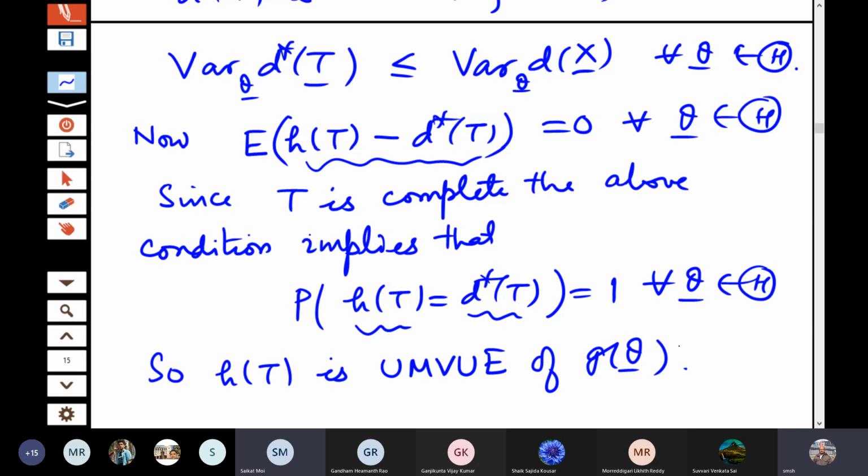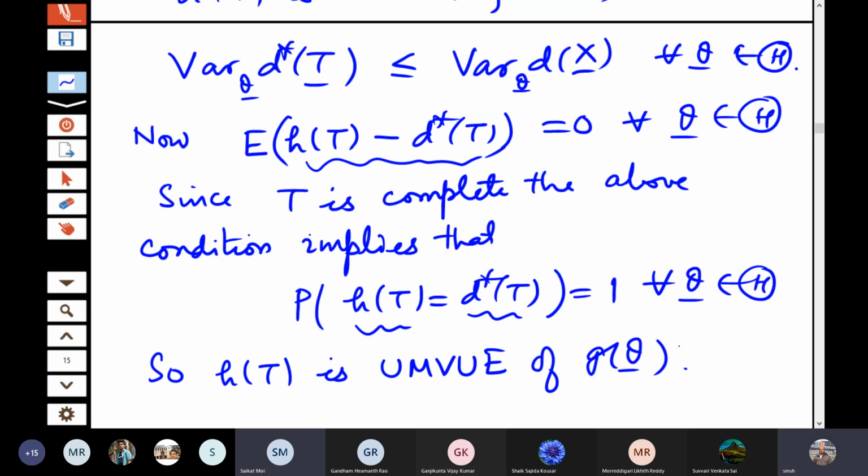In a given problem, the first task should be to determine a complete sufficient statistic. If that is available, then for a parametric function we have to construct an estimator which is based on the complete sufficient statistic and which is unbiased for that parameter.